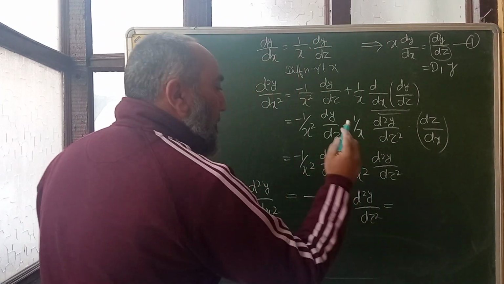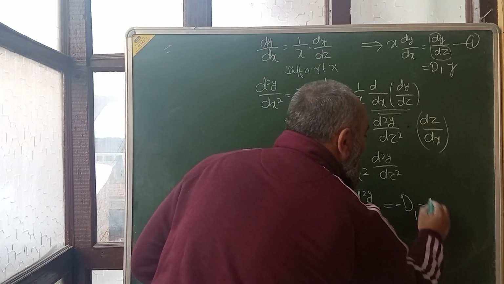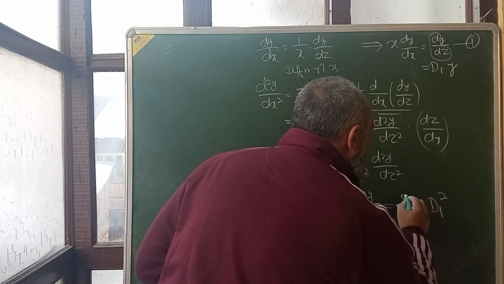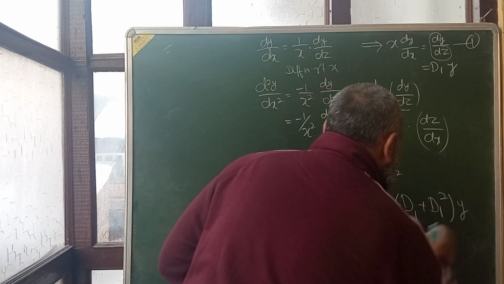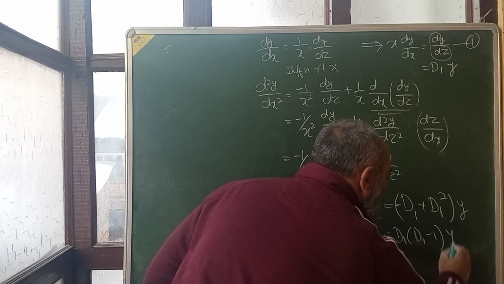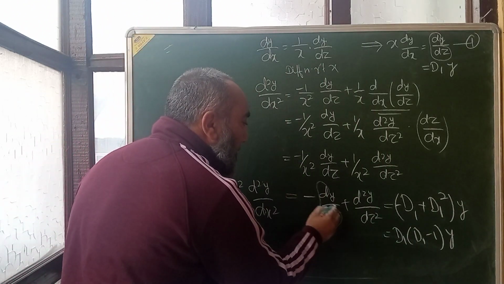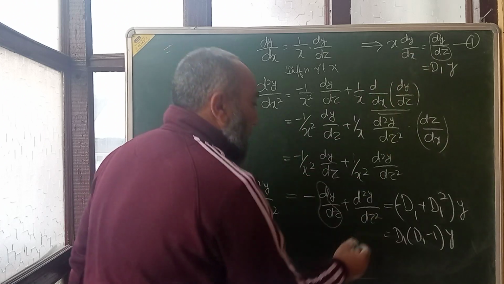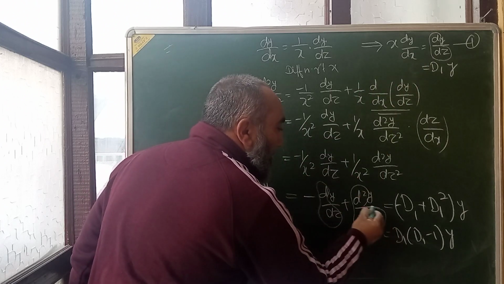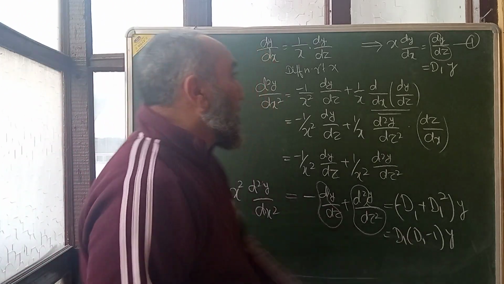Now, as per this, it is D1 minus D1 square plus D1 square operating on y, or this is D1 into D1 minus 1 operating on y. See, this is D1, this is D1 square, so this is D1 into D1 minus 1.